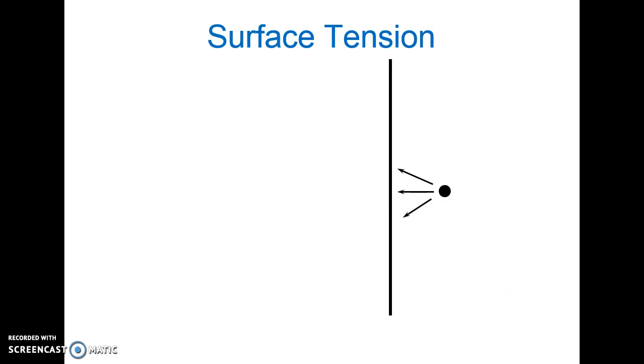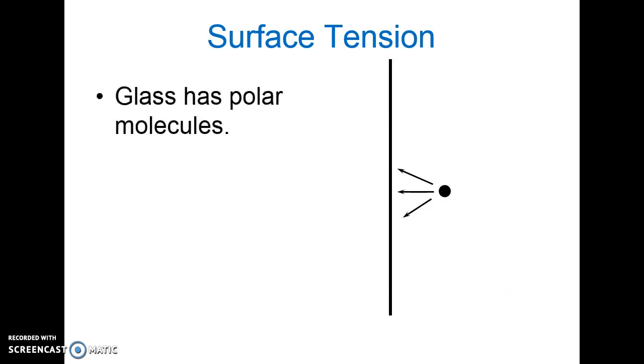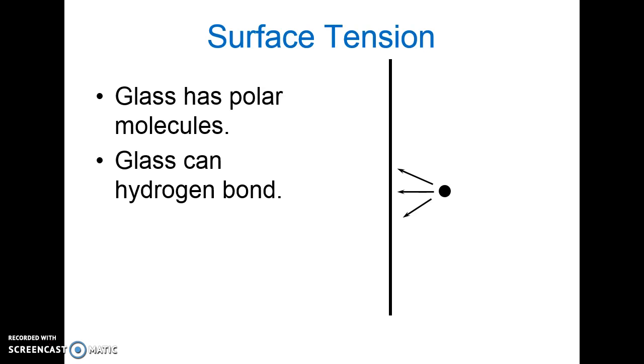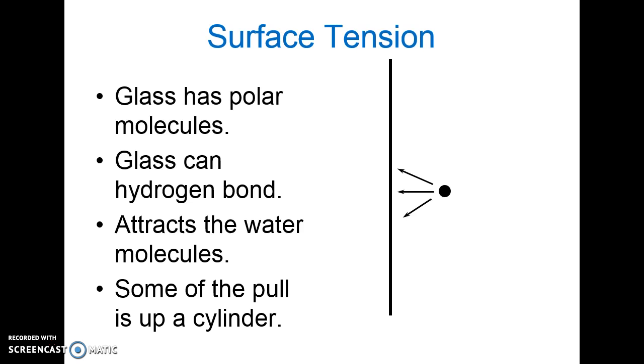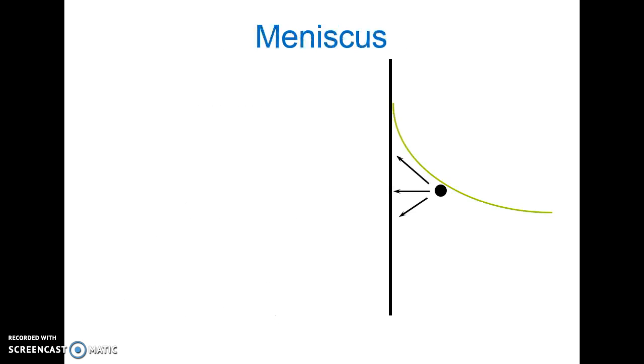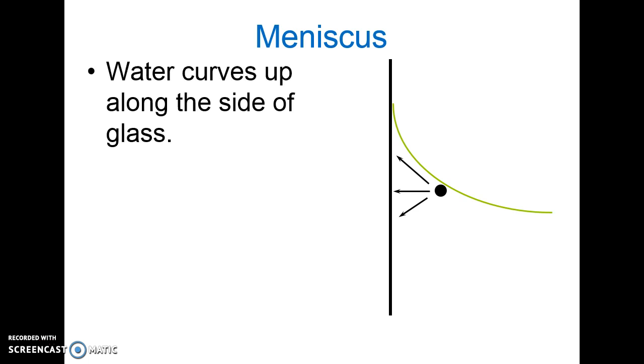All right, here's some more examples. Glass has polar molecules, and glass can hydrogen bond, and it attracts the water molecules, and some pull it up into the cylinder. So if you're putting something in a graduated cylinder, we get what we call the meniscus. If I tell you, how do you read a graduated cylinder? You read from the bottom of the meniscus. What's a meniscus?